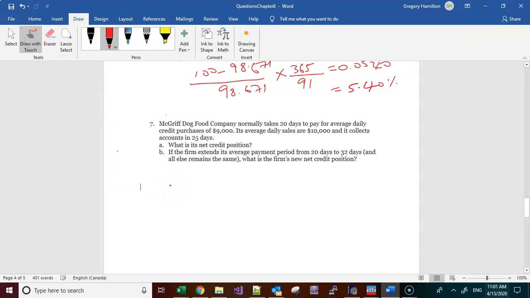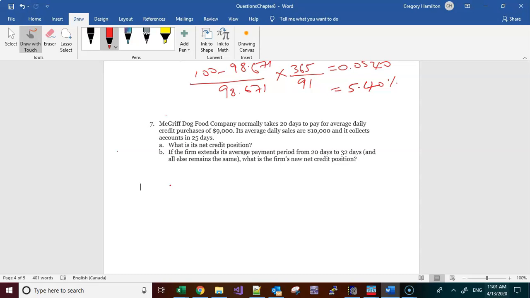Alright, so let's move on to the next question. McGriff Dog Food Company normally takes 20 days to pay for average daily credit purchases of 9,000. Its average daily sales are 10,000 and it collects accounts in 25 days. So what do we do? A, what is the net credit position?